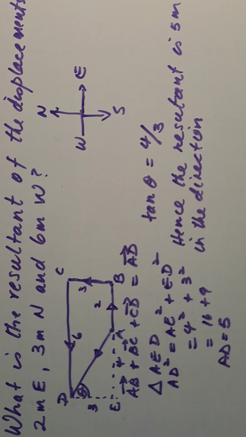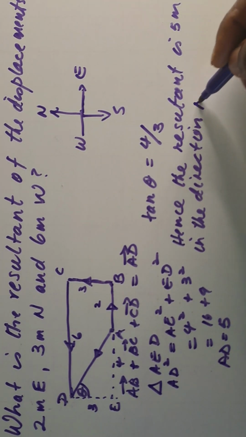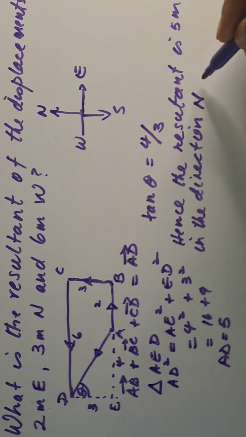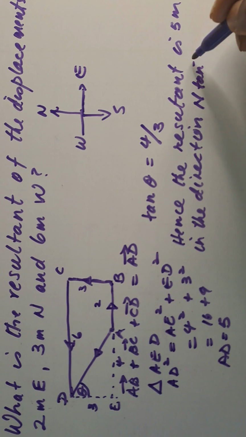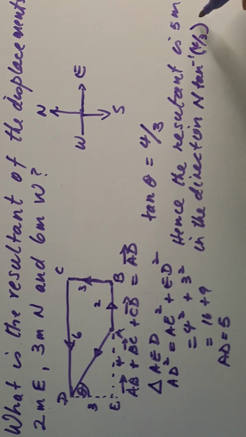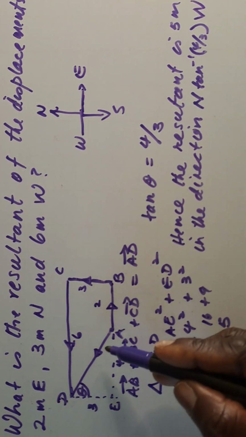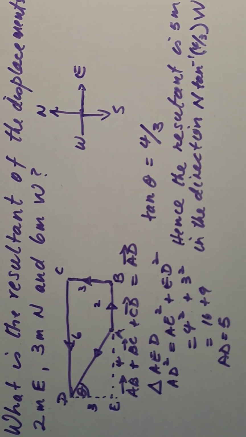It's going northeast, so we have in the direction north the angle tan inverse 4/3 is going northwest. That's the resultant, going northwest. So it's north tan inverse 4/3 west.